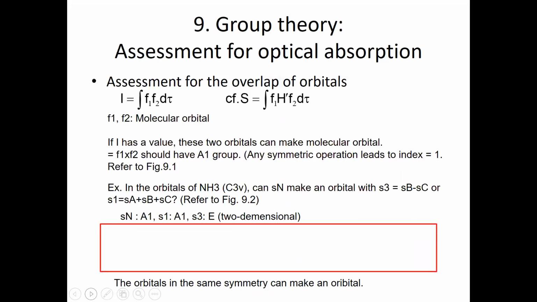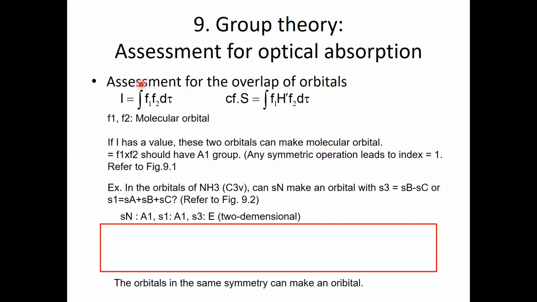So what we have to understand is that whether light absorption is possible or not depends, as we talked about, on whether the transition integral is going to have a value or not, right? And as a similar problem, first we are going to study if the overlap of the orbitals is possible or not.